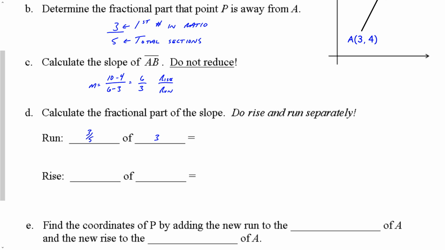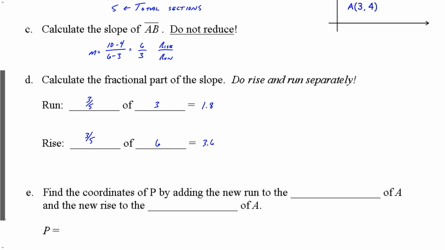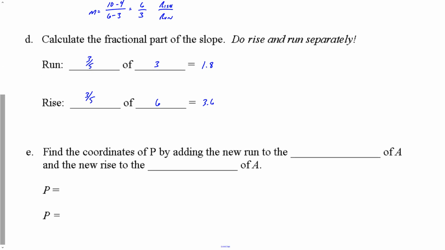So I need to take 3/5 of that 3, which if we were to multiply those together, we'd get 1.8. Then I would take 3/5 of the rise, which was 6, to get 3.6. Those values are the moves that I would have to make to go from point A to point P.